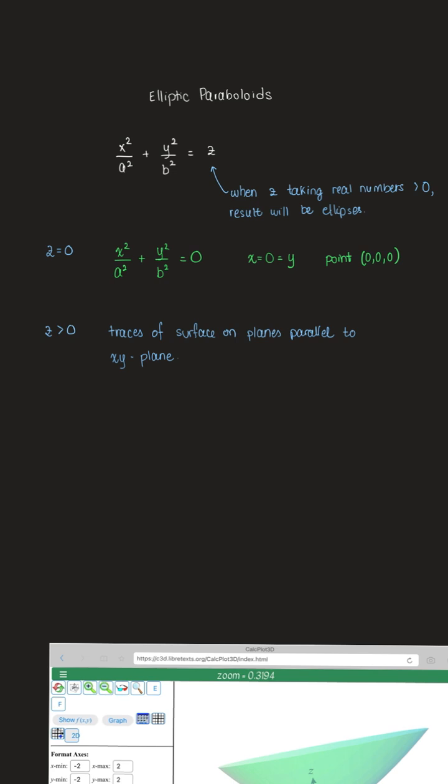And to explore what this results in, we're going to look at a specific example. But I do want to say that for elliptic paraboloids, when z takes on different values, or the linear term takes on different values, our traces result in ellipses.